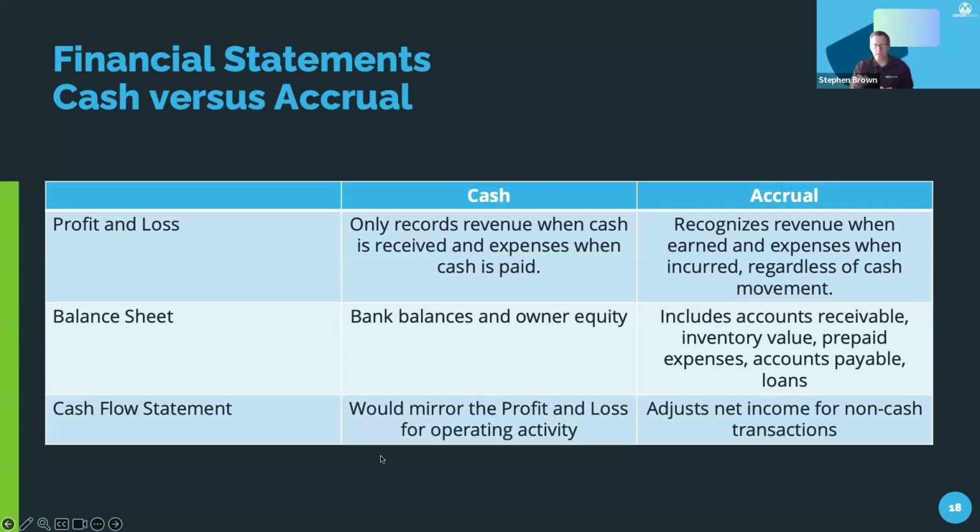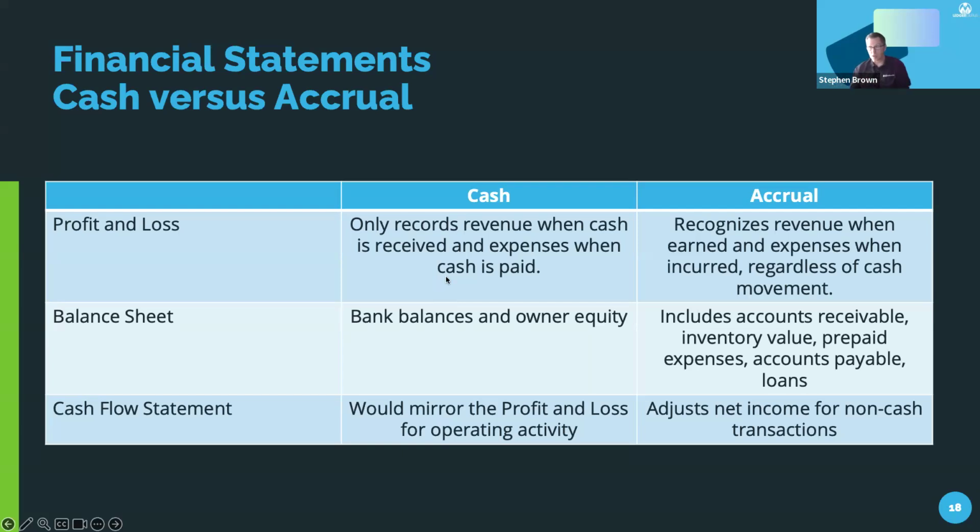Cash flow statement is going to more or less mirror your profit and loss. Not 100%, right? You could put money into the business and it would need to show up on the cash flow statement and the balance sheet. But if you're not putting money in the business or receiving investment, a cash-based profit and loss statement would more or less show you what's going on with your cash until you put money into the business, until you take an investment, until you get a loan.